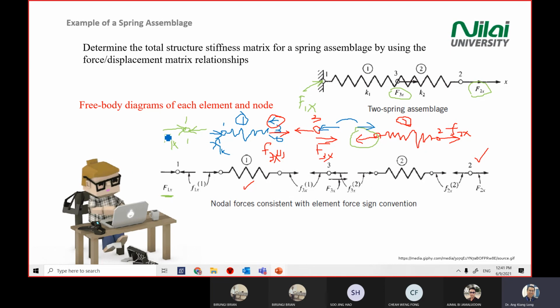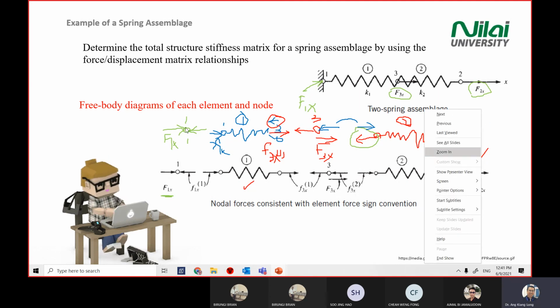It will take some experience for you to plot this kind of free body diagram. But anyway, don't worry, you can solve it mathematically. Later we will use mathematical equations to help us define the direction of the arrow. So this is just an estimation of the direction. Don't worry about this one.